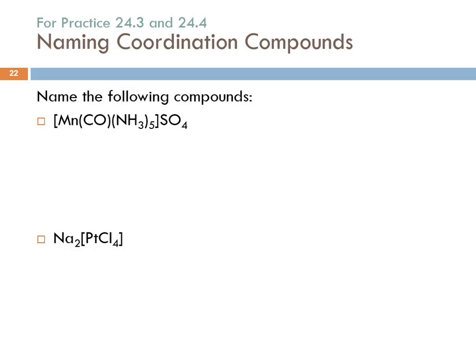Examples. Name the following compounds. So we need to name the ligands first. We have amine, we have 5 of them.